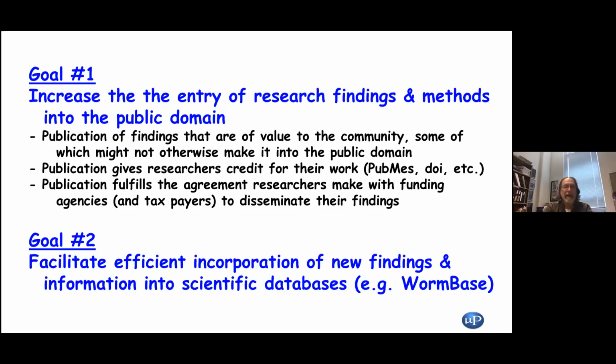Importantly, publication gives researchers credit for their work as a publication on their CV, and of course with PubMed indexing. But furthermore, publication fulfills agreements researchers make with funding agencies and of course the taxpayers to disseminate their findings.